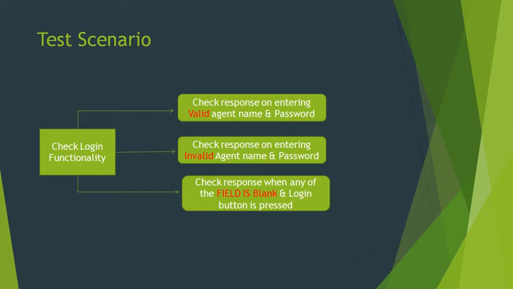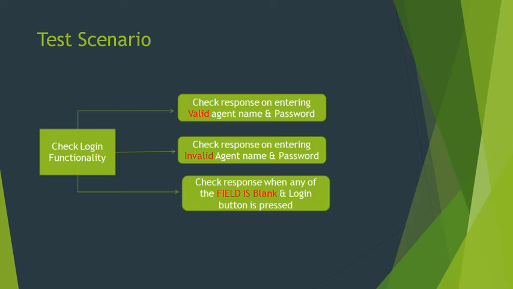One of the scenarios is to check the response on entering a valid username and password. Here the username means a valid email ID and password. Another scenario is to check the response on entering an invalid username and password. A third scenario could be to check the response when any of the fields is blank and the login button is pressed.